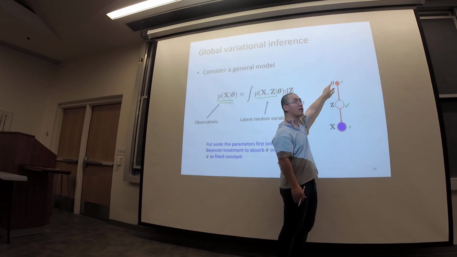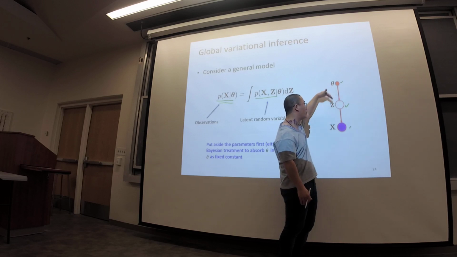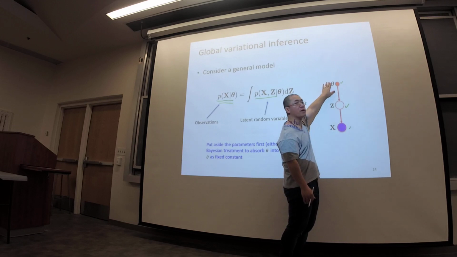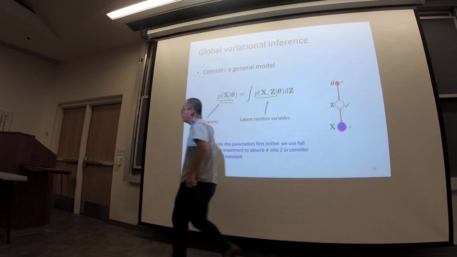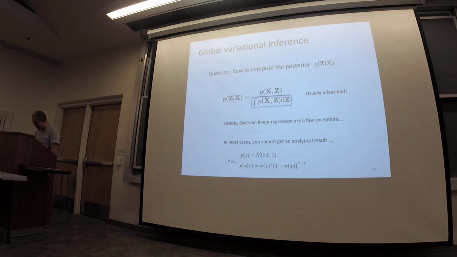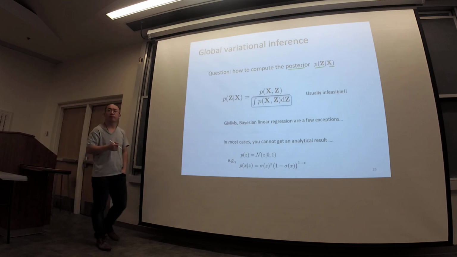Basically, we do not care about theta right now. Later we'll consider how to estimate theta and the approximate posterior distribution of Z. But for now, we first fix theta. We assume theta is known and constant. And then the question is how to compute the posterior distribution of Z given X. Because theta is assumed to be constant, I just remove it.